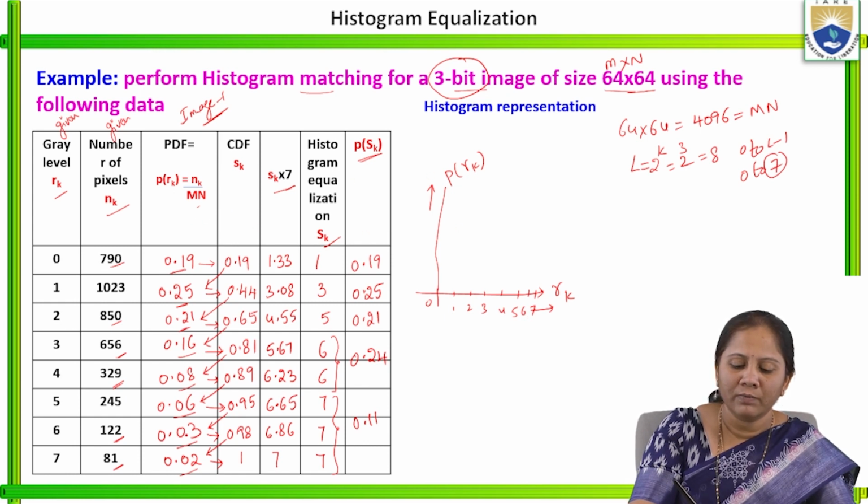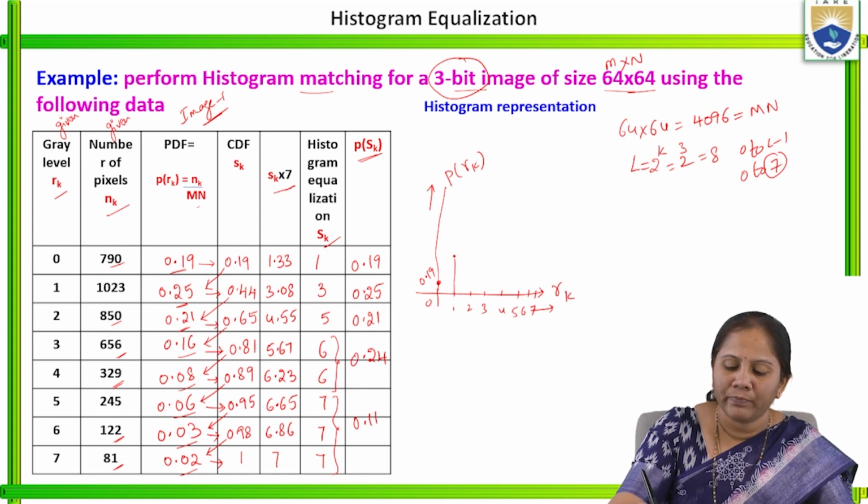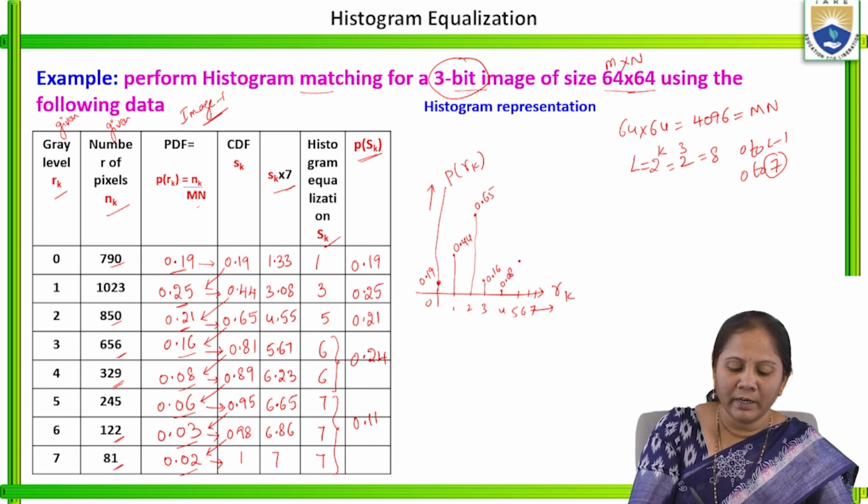So P of RK values, we got all of these. For 0 we got 0.19, and for 1, 0.44, and for 2, 0.65, and for 3 it is 0.16, and for 4, 0.08, very small, and for 5, 0.06, for 6, 0.03, and for 7 it is 0.02.